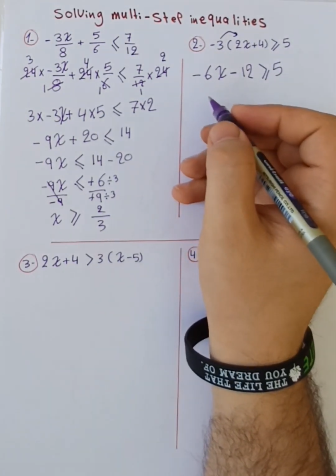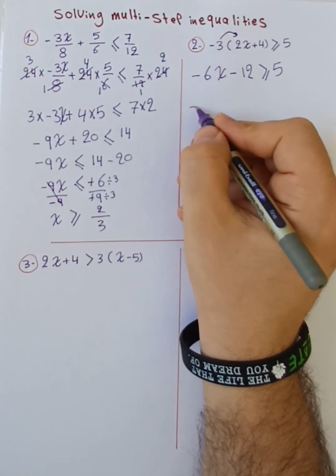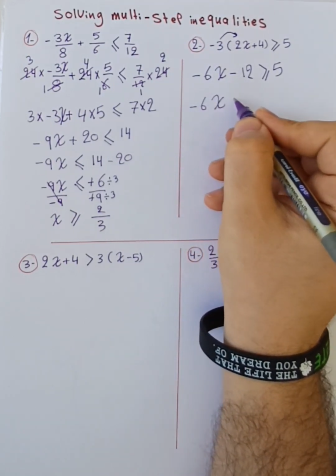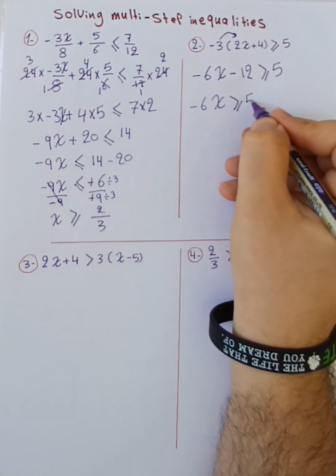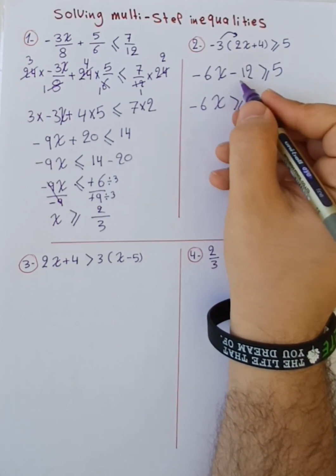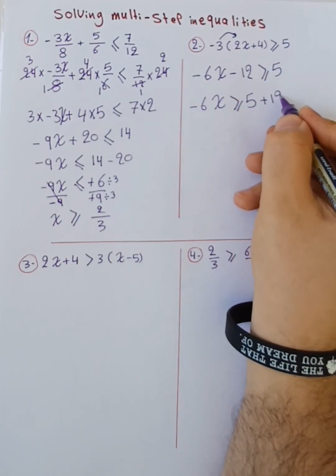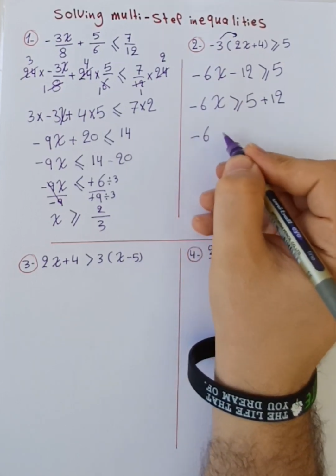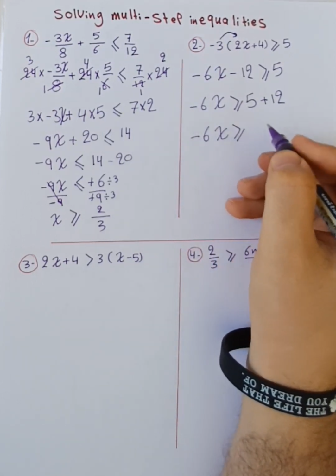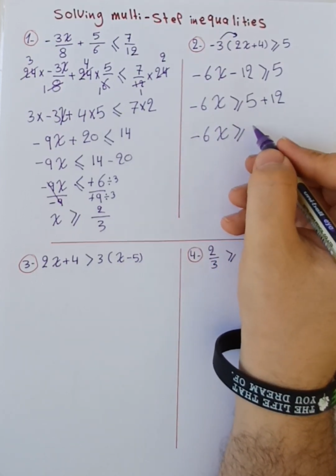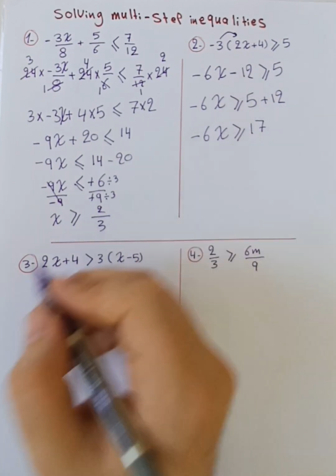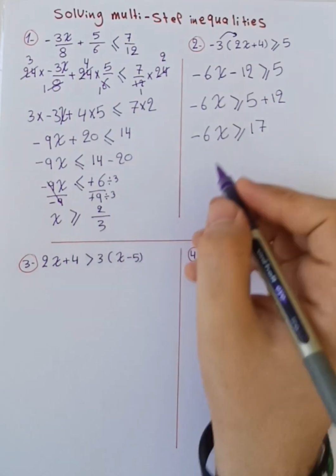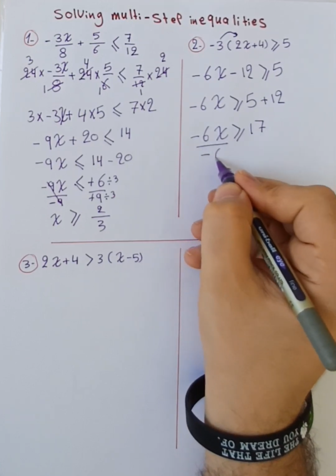And then we can combine the like terms. Negative 6x greater than or equal to 5. You have to move negative 12, and it becomes positive 12. Negative 6x greater than or equal to 5 plus 12, which equals 17. After that you divide both sides by negative 6.